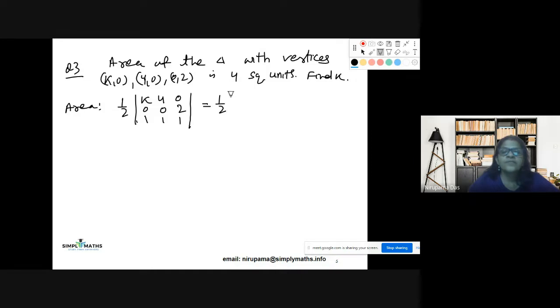Half of, you can expand it. If you want, you can take the second row because we have 2 zeros. But while taking the second row, you have to take the minus plus minus signs into consideration. Otherwise, it is up to you which row or column you take.